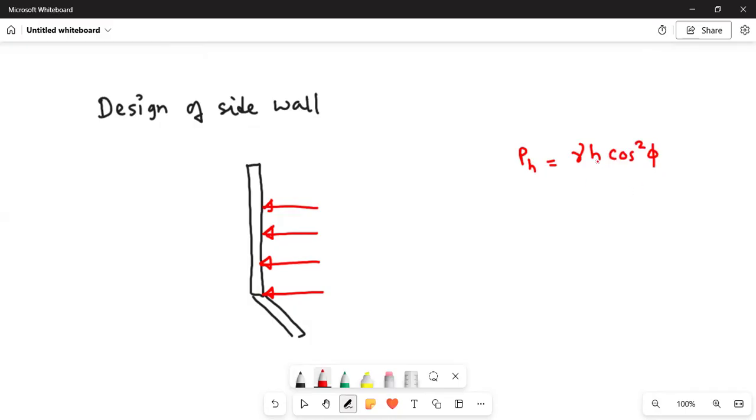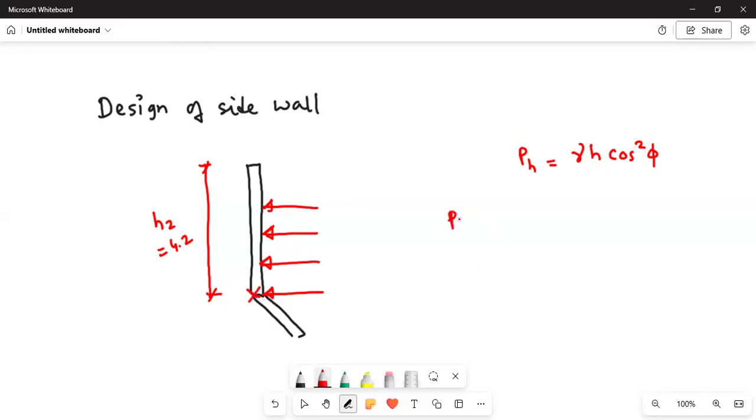The more height you have, the more pressure you will get. This is our H2, which is equal to 4.2, so the maximum pressure is at the bottom of the side wall.